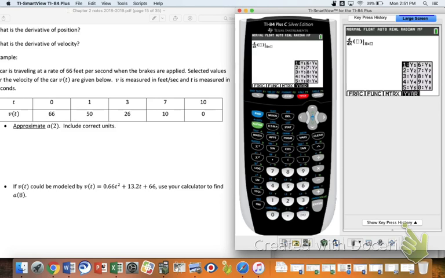Into Y1. So I'm just going to select Y1. You hit Alpha Trace, that menu should pop up, and then you just hit enter because I'm highlighting Y1 right now. And look, it says d/dx of whatever you put into Y1. And then the last thing is it says at x equals something. What do you think we're going to put there? 8.